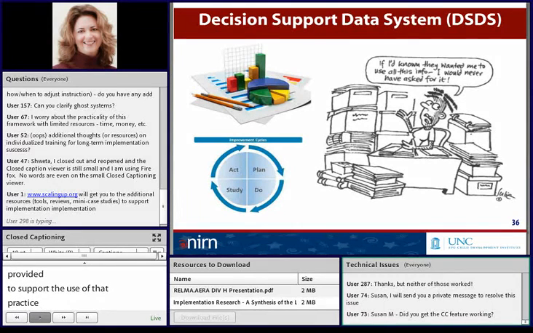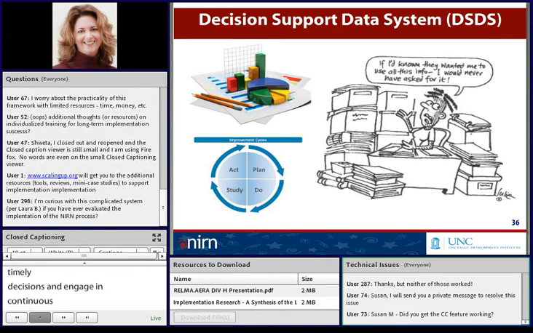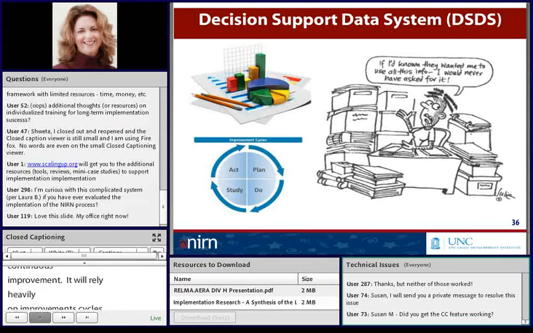A well-designed decision support data system allows districts and school systems to make timely, informed decisions and engage in that continuous improvement. So you're going to see it's going to rely heavily on improvement cycles. Developing that comprehensive data system supports sustainability by continuous attention to those key implementation practices.